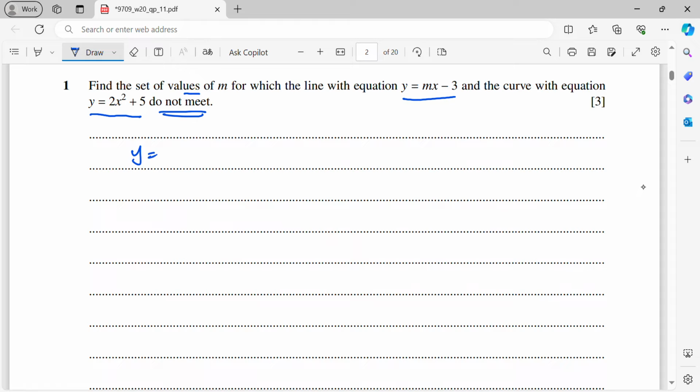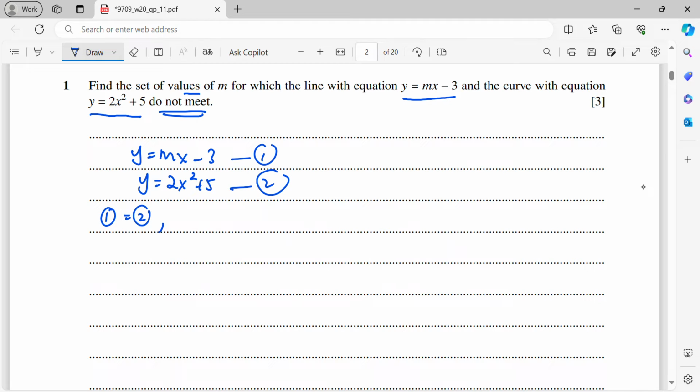So y equals mx minus 3, first equation, and then the curve equation, I will just rewrite here. Now, when solving these two simultaneous equations in order to get the intersection points, you just let the first equation equal the second equation.